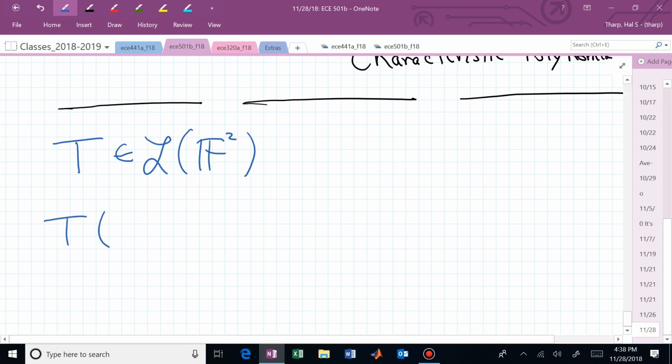Suppose somebody gives us a particular linear operator, and suppose they say that T operating on a vector (z1, z2) produces z1 plus 3 z2 for the first component of the output vector, and minus z1 plus 4 z2 for the second component of that output vector.